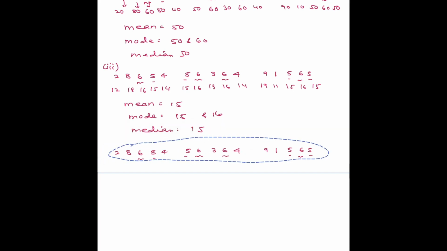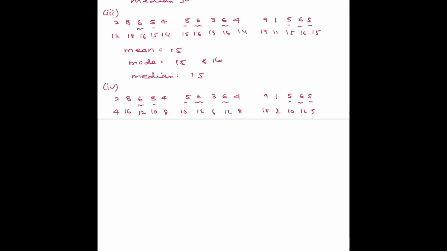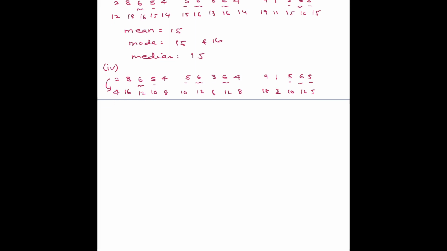Again, number 4 now. The numbers are now 4, 16, 12, 10, 8, 10, 12, 6, 12, 8, 18, 2, 10, 12, 5. So I have multiplied by 2. 2 times 2 becomes 4, 8 times 2 becomes 16, and so on.